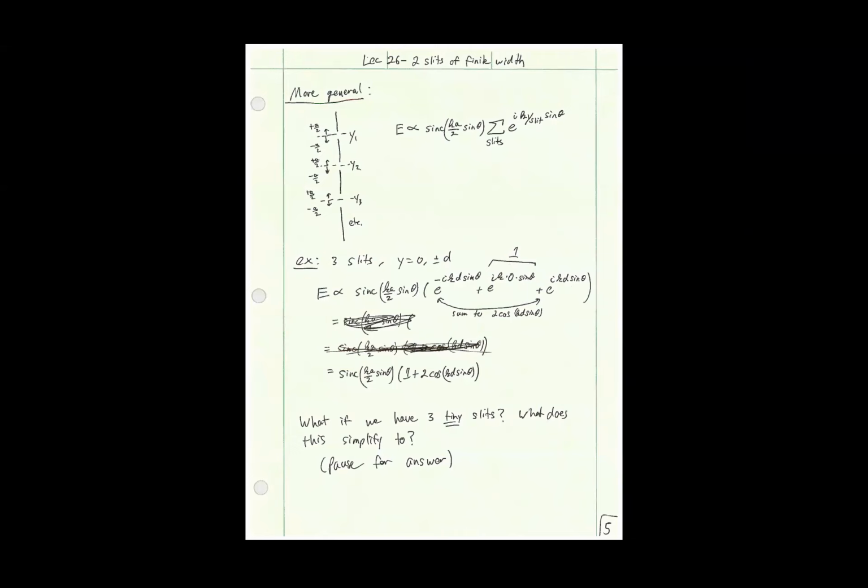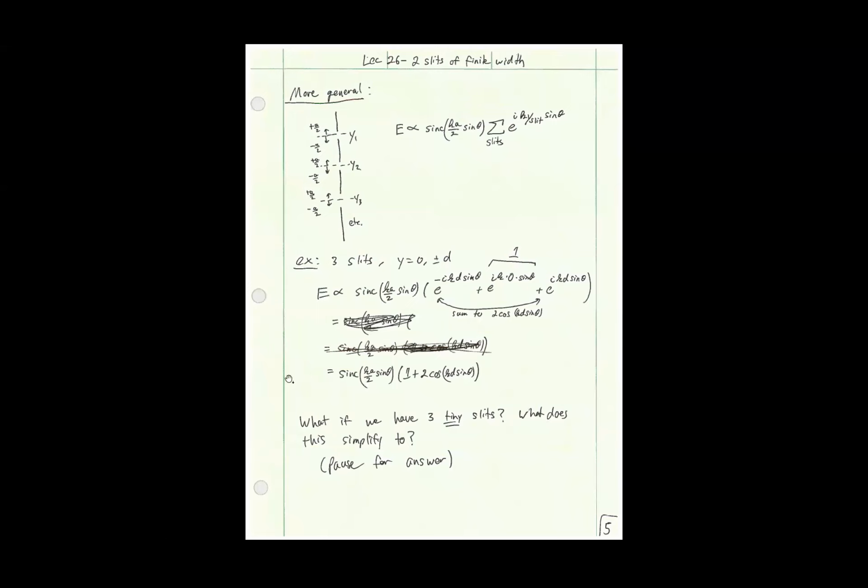Now what if we had 3 very tiny slits? Can anybody guess for me what we would get in that case? Just the sinc function? Really? The spacings don't change.